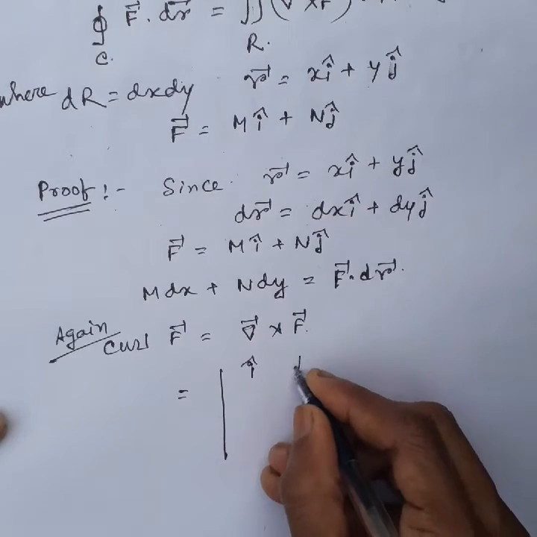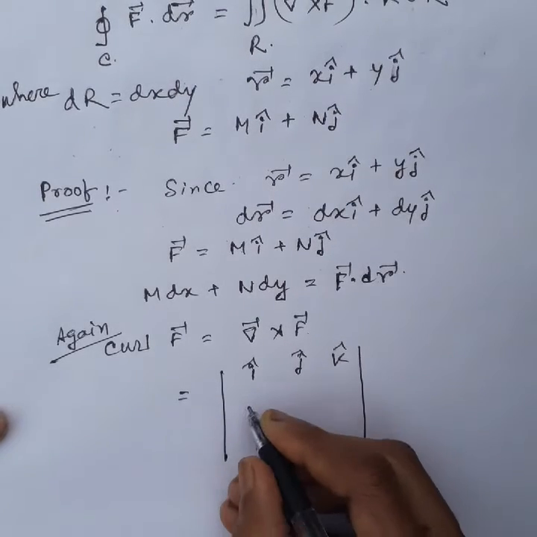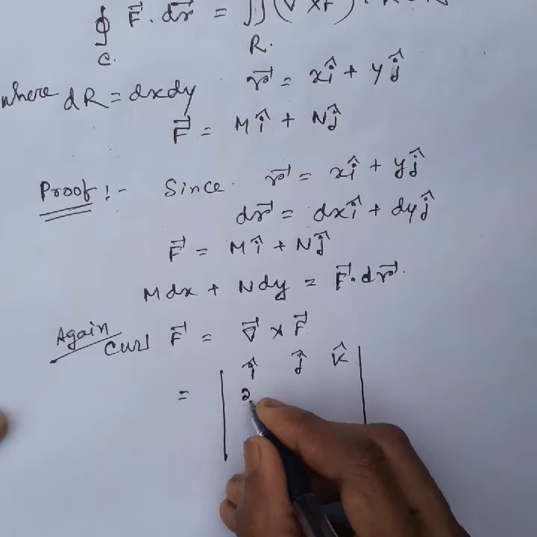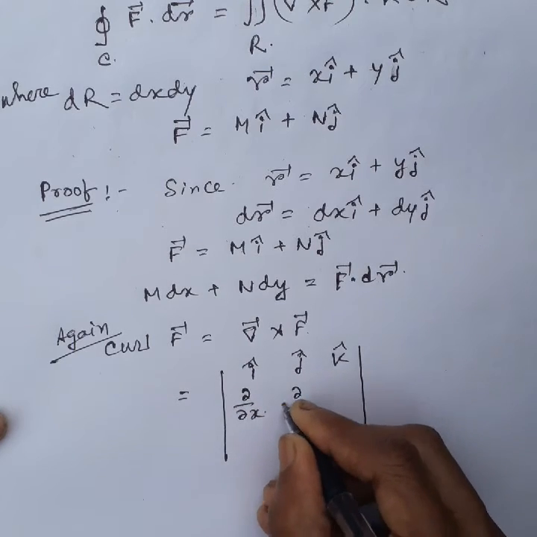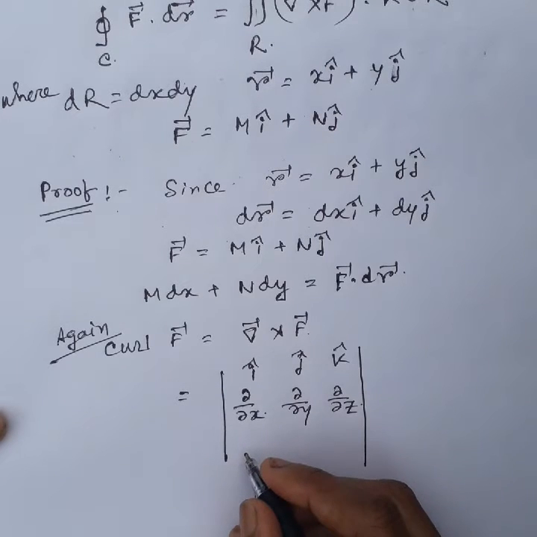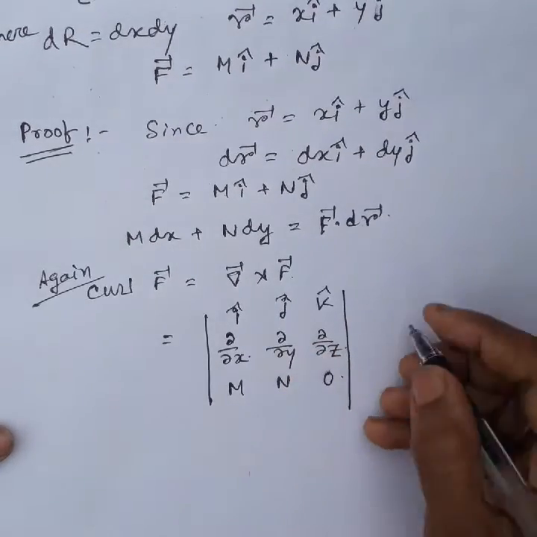That means this is the determinant with i, j, k, grad is del del x, which is an operator, del del y, del del z, and F means M, N and 0.